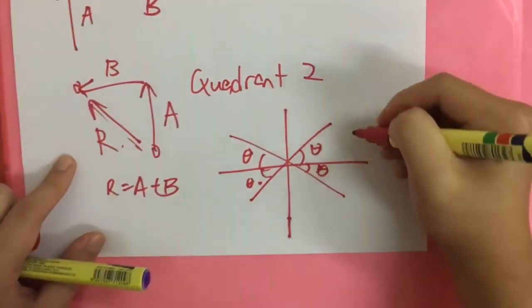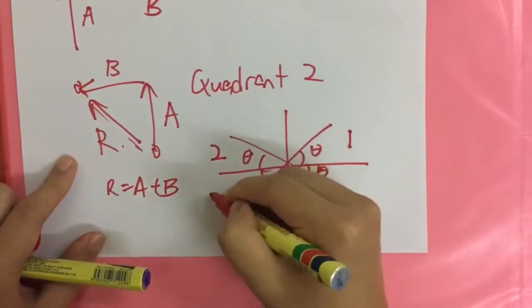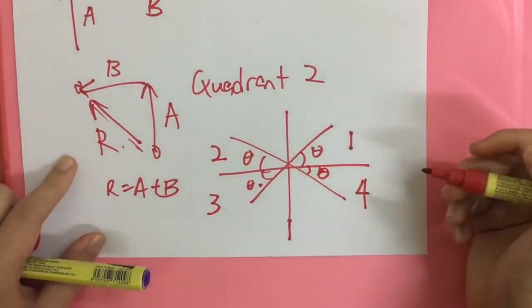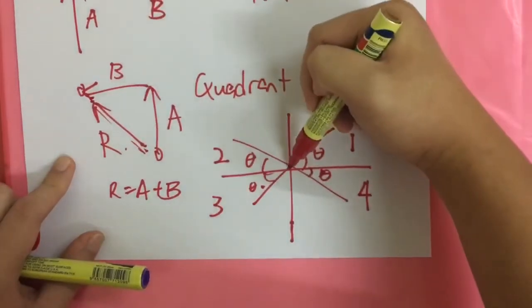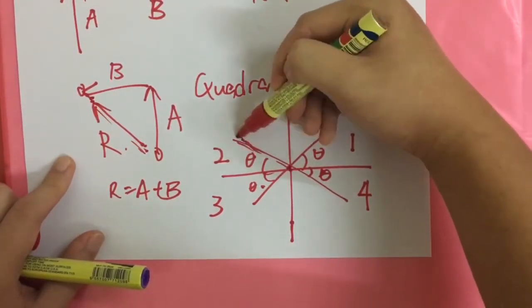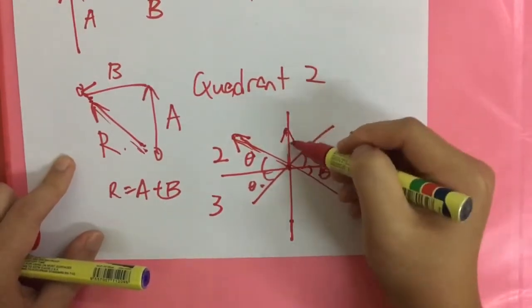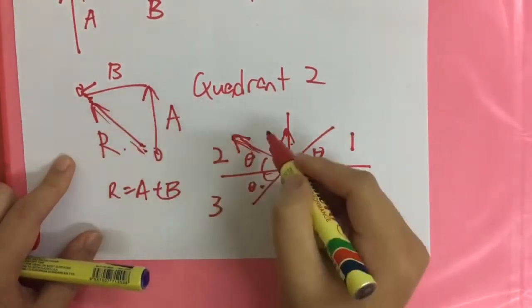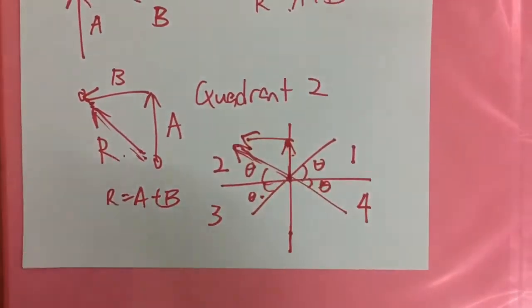Let's say this is quadrant 1, this is quadrant 2, this is quadrant 3, and this is quadrant 4. Notice that this resultant is going up in this direction. A is going up and B is going to the left. That's why we get quadrant number 2.